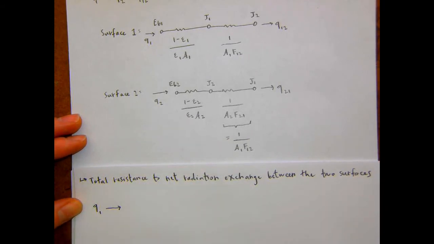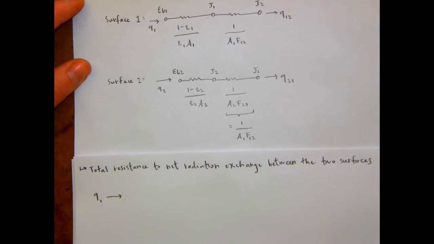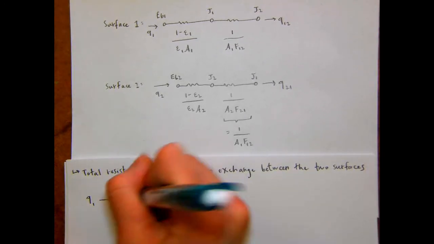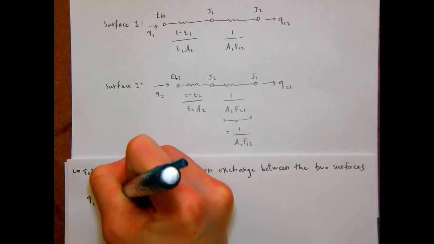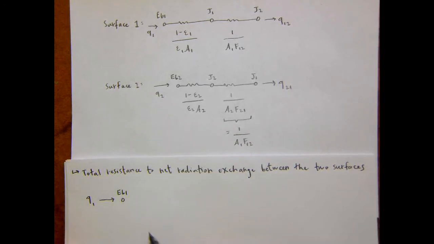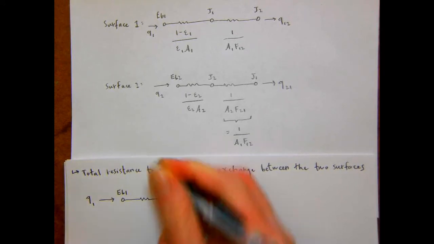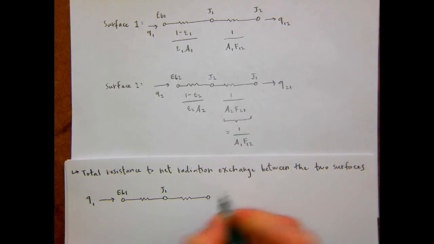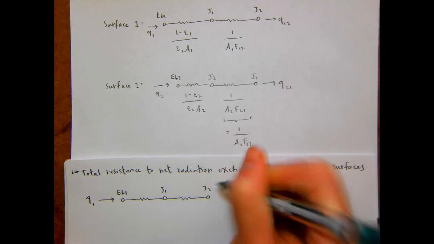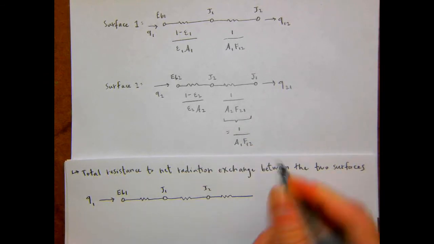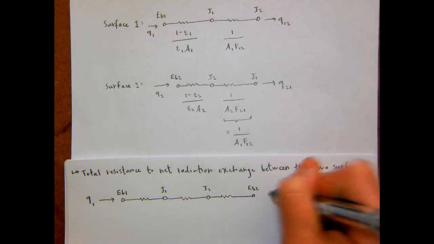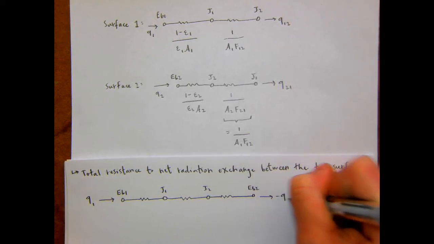So we can now write this as one circuit. So starting with surface 1, the emissive power, if it were a black body, radiosity of surface 1, radiosity of surface 2, and then over to the emissive power of surface 2.